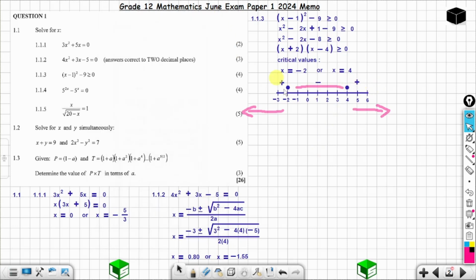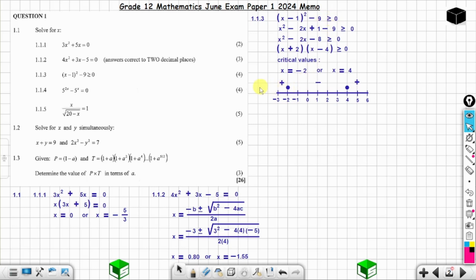So now you have greater than or equal to 0. Greater than 0 means positive, less than 0 means negative. So we are interested in greater than 0, in positive.